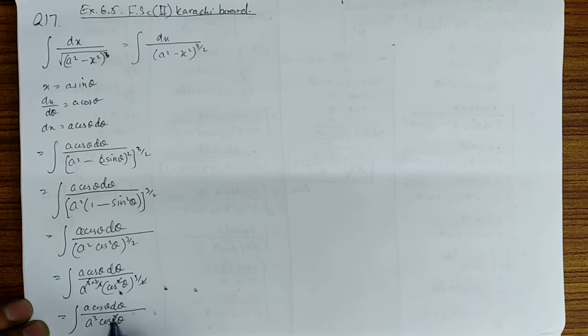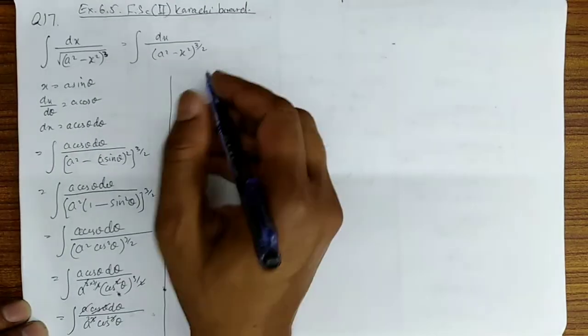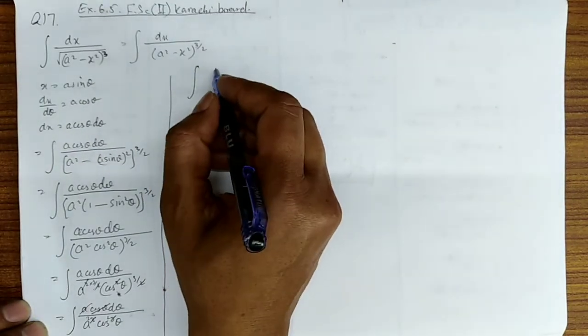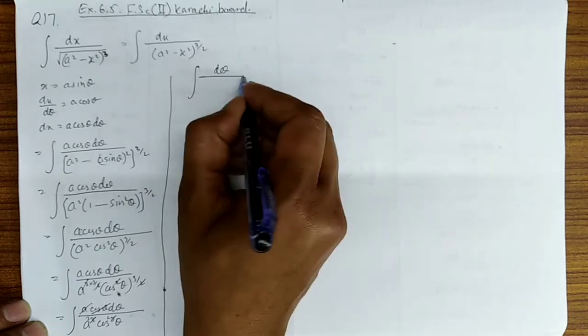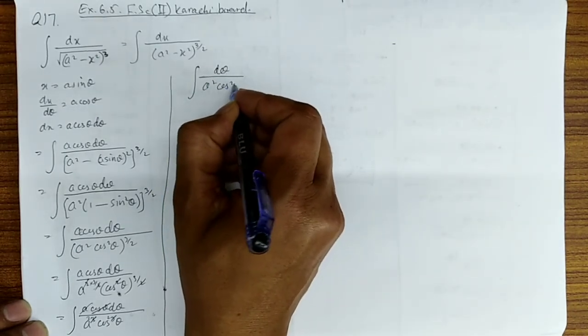So now this 3 and cos cancel out, this 3 and here 2, here we have 2, and this square will cancel out. So we're left with now the remaining part, which is integral of d theta upon a square cos square theta.